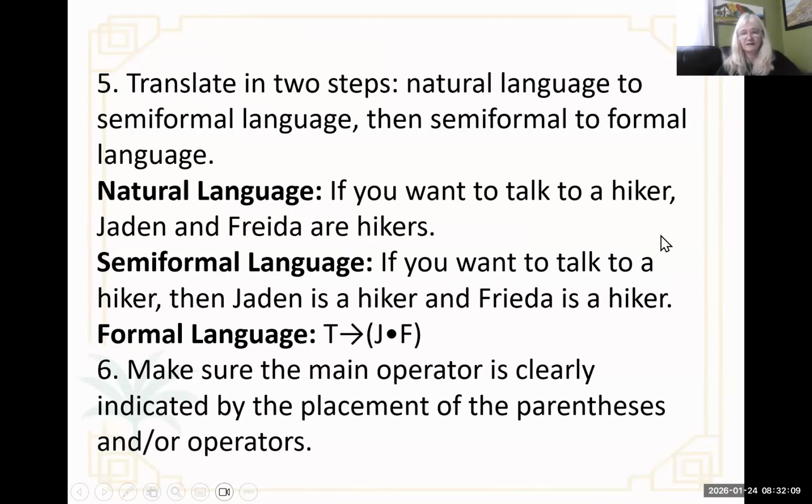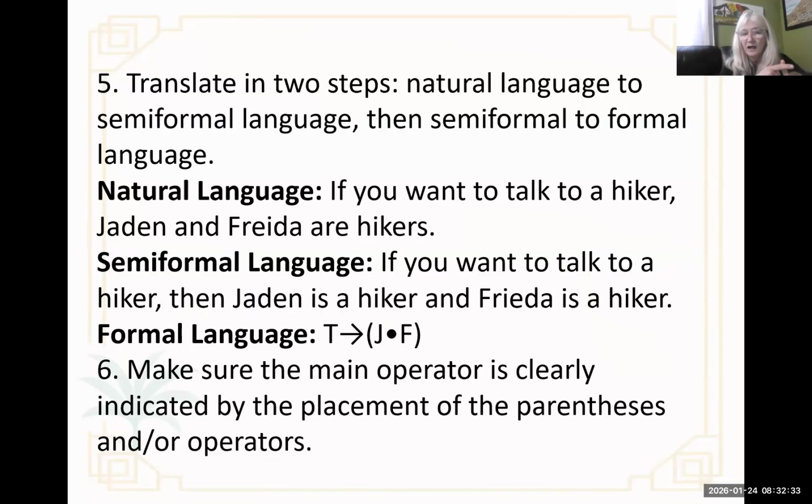I want you to try to translate in two steps: go from natural language to semi-formal, then from semi-formal to formal. So here's an example of this. If you want to talk to a hiker, Jaden and Frida are hikers. For the semi-formal, before we put it into formal, I'm going to make it clear what the three propositions are. So this is how the semi-formal will go.